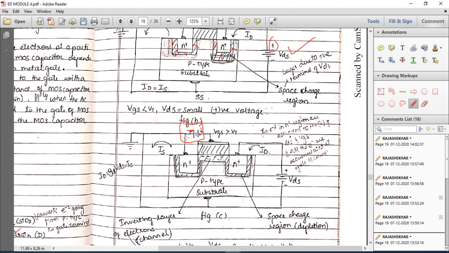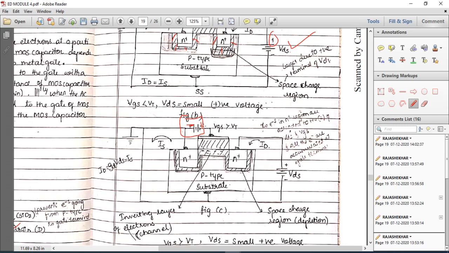Once it comes to the second scenario, what happens here? The gate terminal is now positive potential. Once it becomes positive potential, it will attract the electrons present in the P type substrate, because a positive terminal always attracts the negative charge and repels the positive charge.